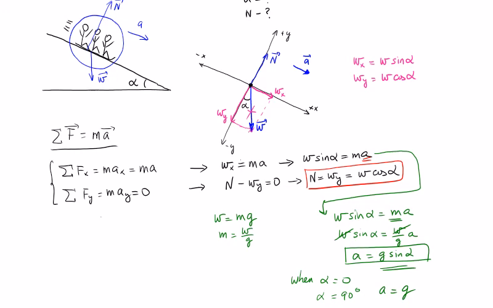Now, let's see what we can say about the normal force. Let's notice that the magnitude of the normal force exerted on the toboggan by the surface of the hill is weight cosine alpha, or mg cosine alpha, which is proportional to the toboggan's weight.